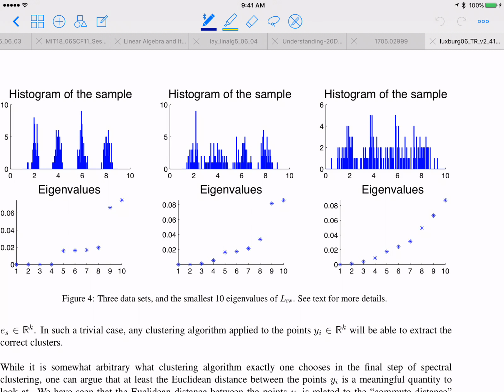Your feature vector is trivially one-dimensional, and this is a histogram over your one-dimensional space. You generated this kind of data from 4 Gaussian mixtures, and each Gaussian has a really small variance, so they will have really clear separation.